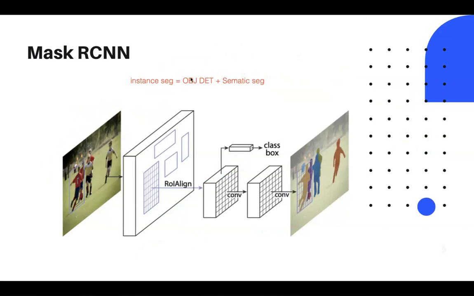Perform object detection on each individual instance, get that image for only that specific instance, and then segment that small image using any segmentation or semantic segmentation idea that you have seen so far. And that's going to perform for you your instance segmentation. Pretty easy, pretty simple, very straightforward, very logical.